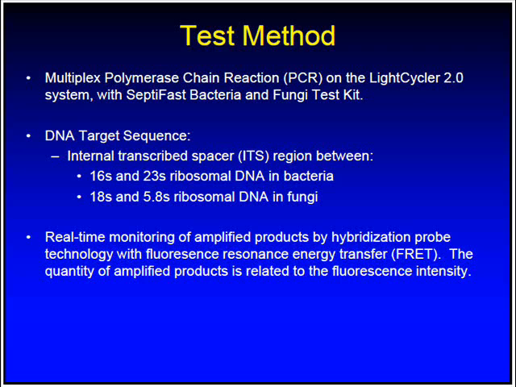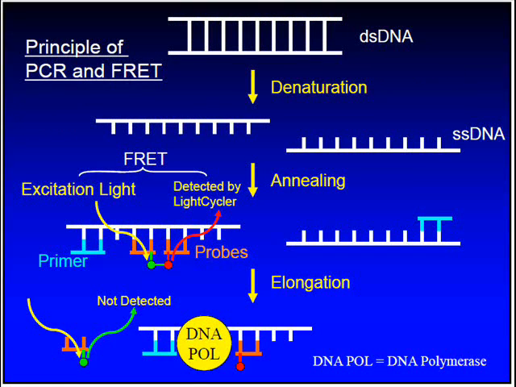Real-time monitoring of amplified products was by hybridization probe technology coupled with fluorescence resonance energy transfer. The quantity of amplified product is related to the fluorescence intensity. This diagram provides an illustration of the principle of PCR and FRET, fluorescence resonance energy transfer.